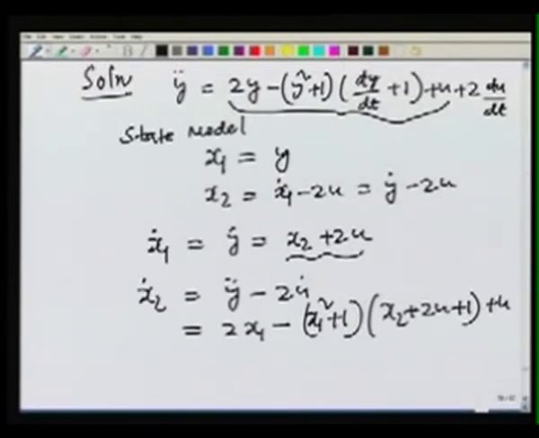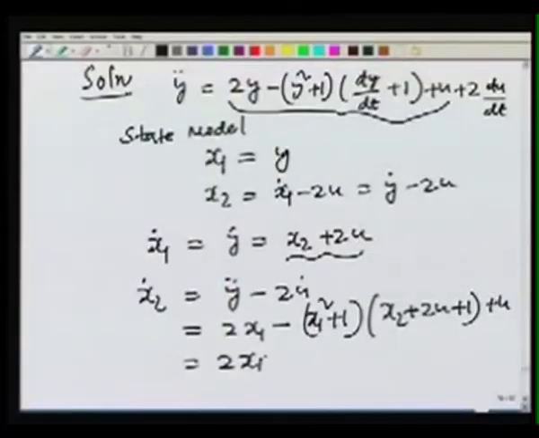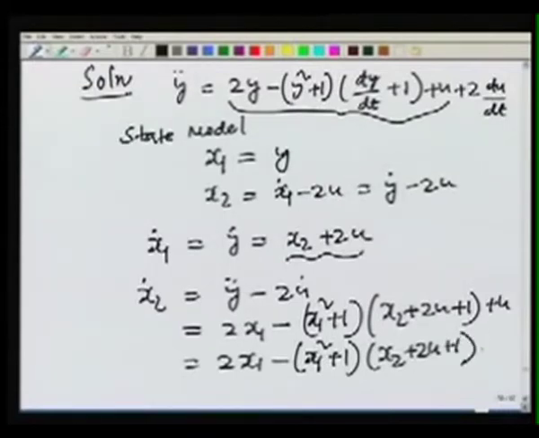In simplification this becomes 2 x 1 minus x 1 square plus 1 times x 2 plus 2 u plus 1 plus u. Actually we did not simplify, it is the same.